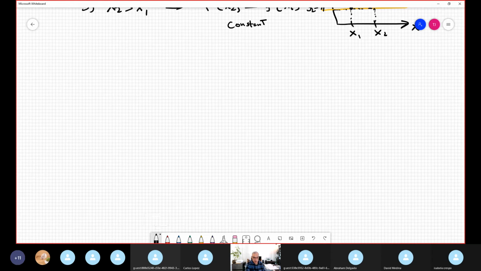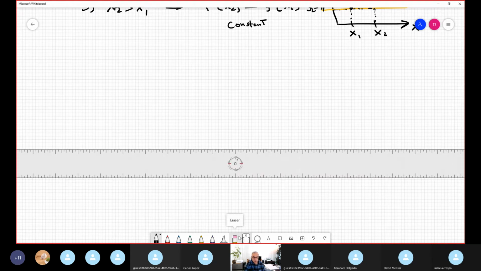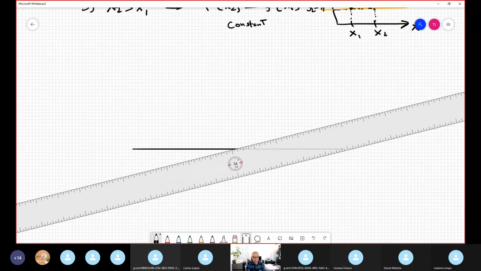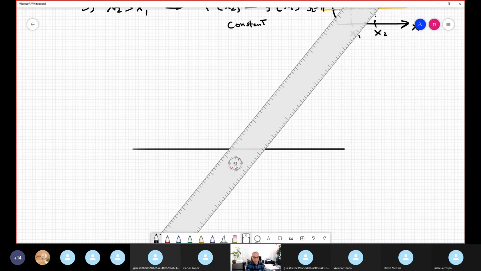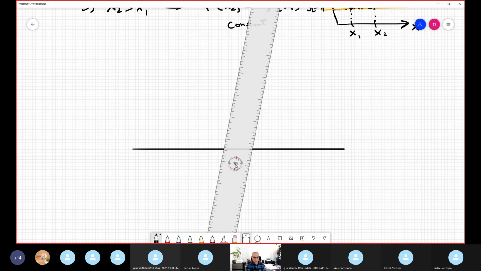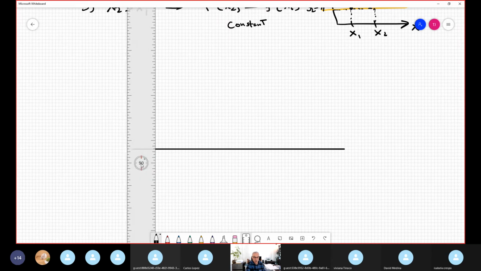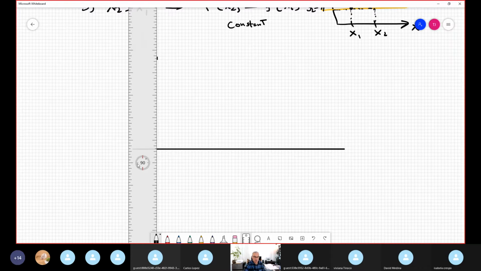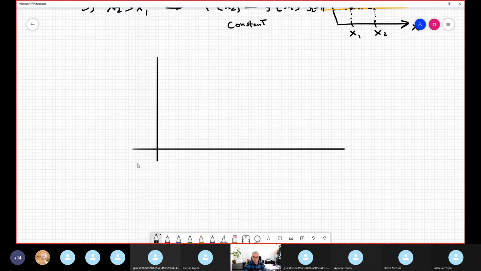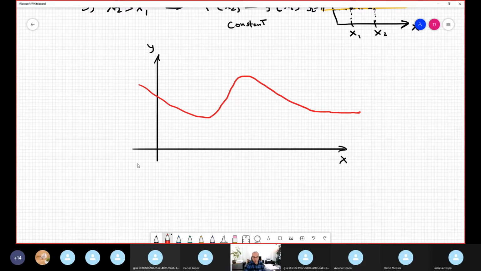Suppose you are given a function like that. Let me use the ruler. Now the y-axis, 90 degrees. There you go, x and y. Suppose the function looks like that. Oh no, let me change it a little bit.